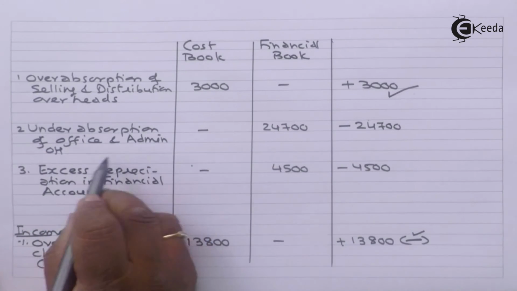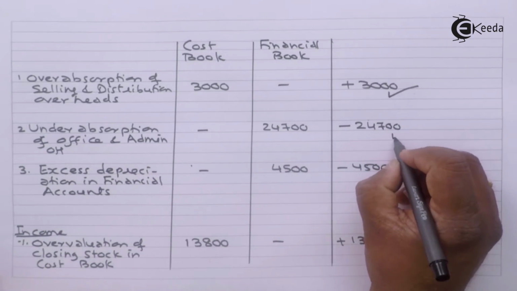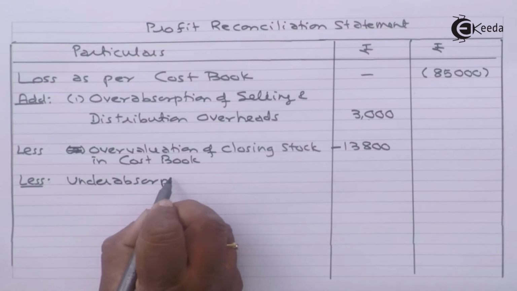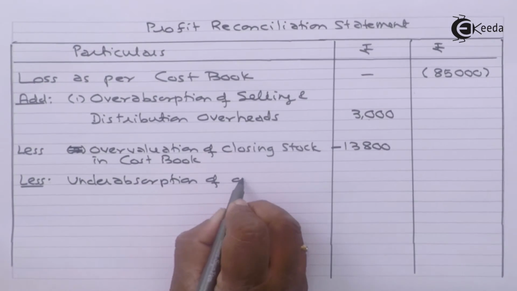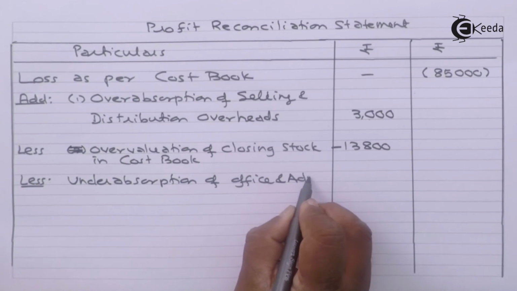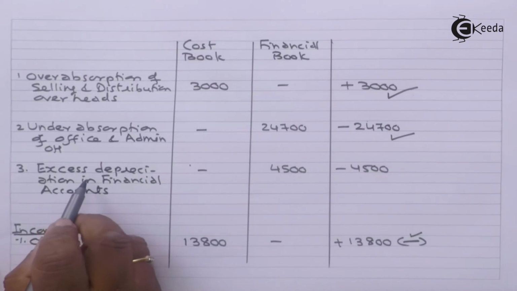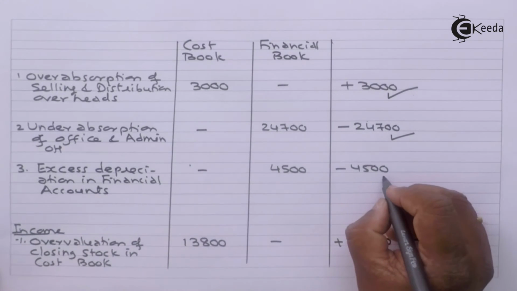Under absorption of office and administration overheads 24,700. Excess depreciation in financial account 4,500.